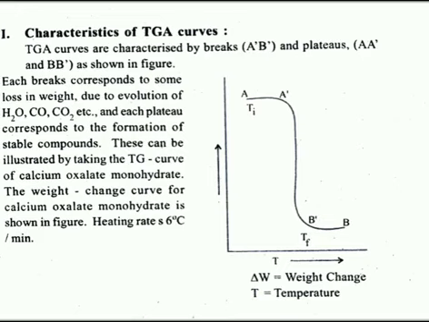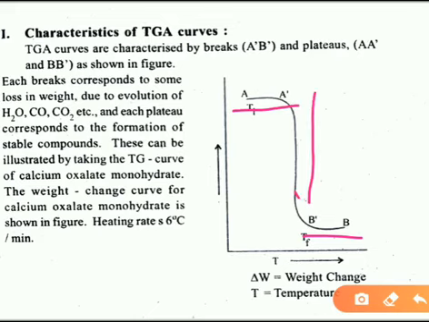Breaks represent the loss in weight, and the plateau represents the formation of the stable compounds. Here it represents the formation of a stable compound, and here also, and this is a break in this curve.